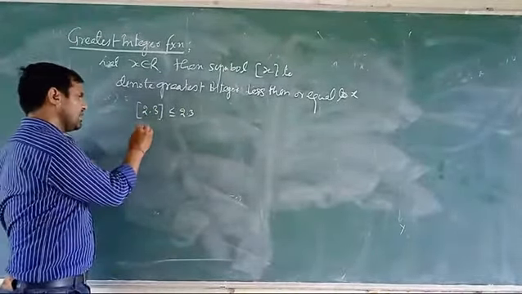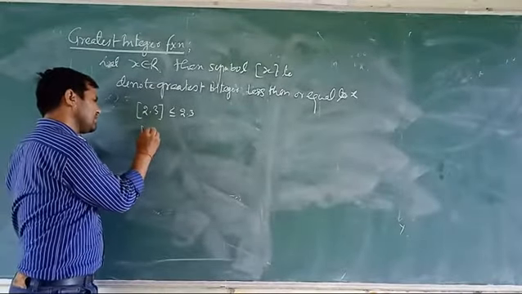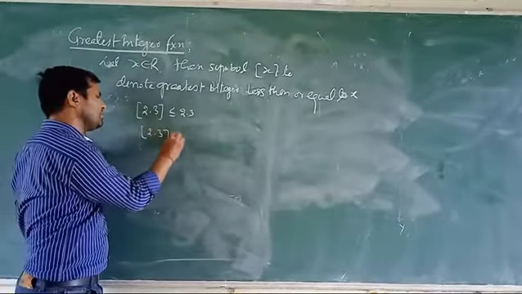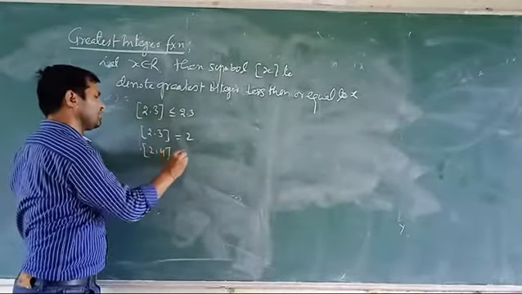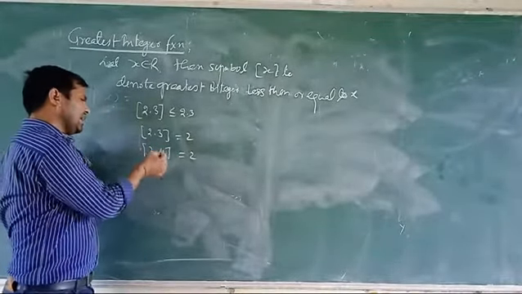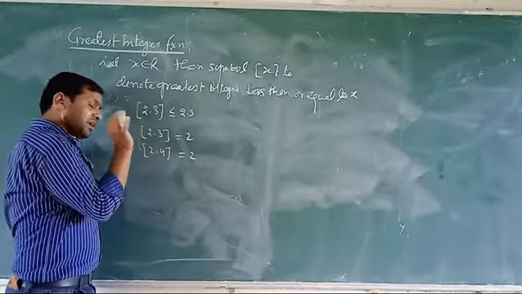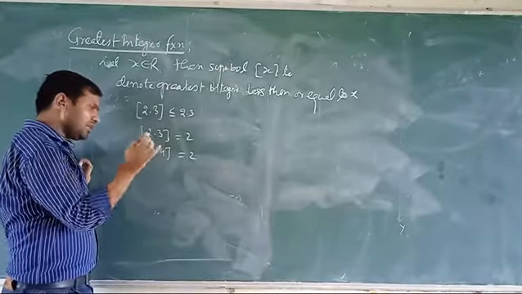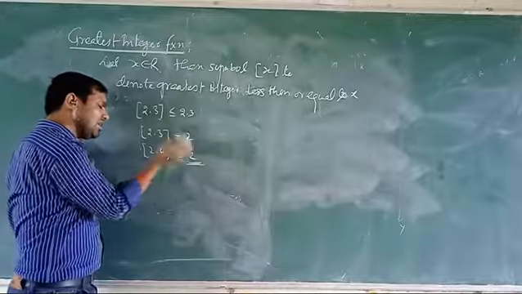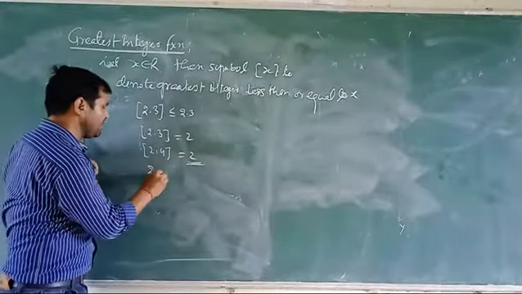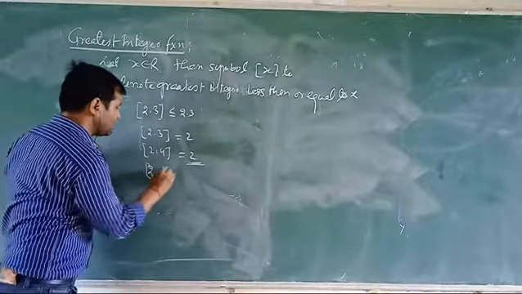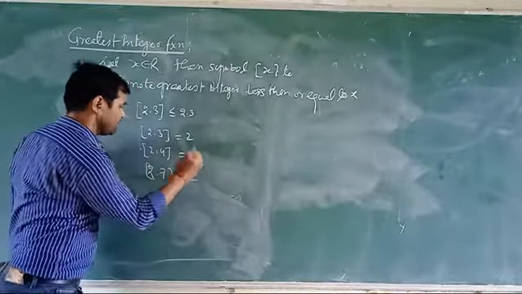It means the greatest integer of 2.3 is equal to 2. Here 2.4 becomes 2. You are looking here, the integral value 2 is less than 2.4, and if we take 2.7, it also becomes 2.